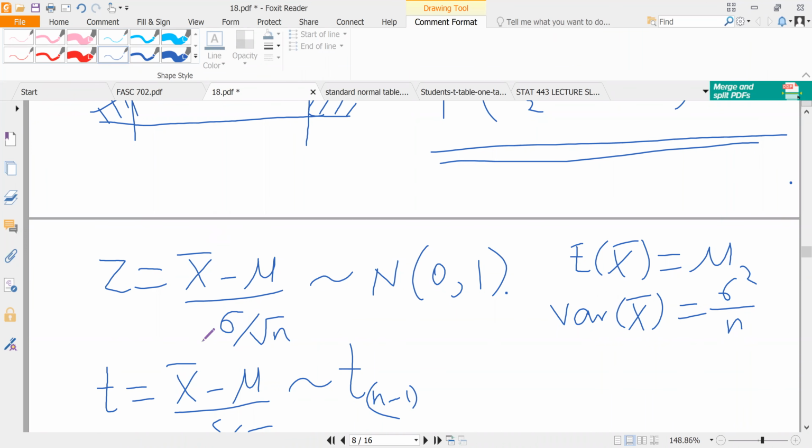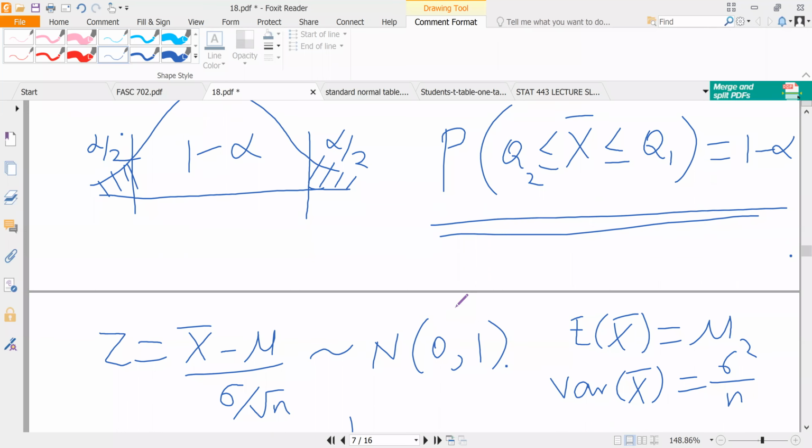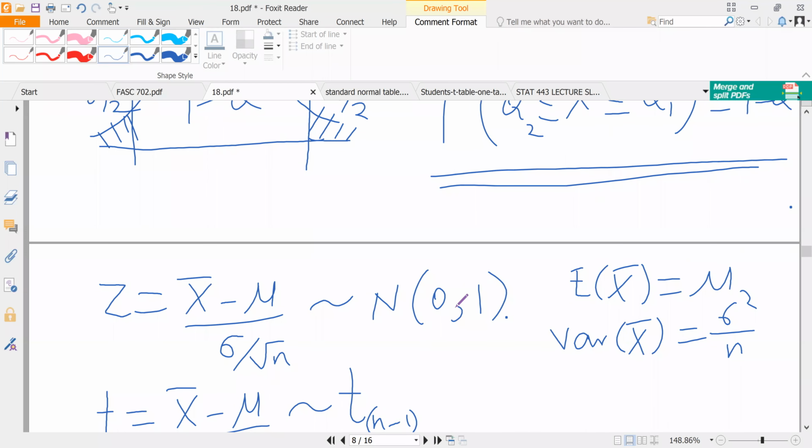And once you are able to do that, whatever you end up having is a standard normal random variable. So we are going to do that for this particular expression so that we come up with ways in which we can calculate the values of x1 and x2.